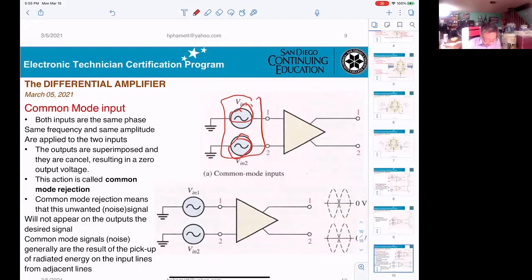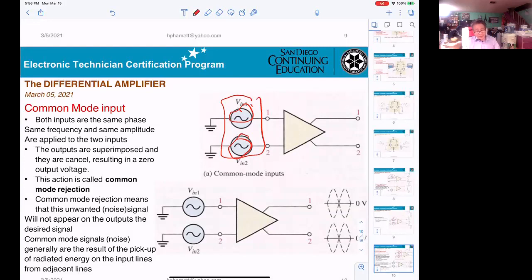Okay. This action we call common mode rejection. Common mode rejection means that the unwanted or noise signal will not appear on the output for the desired signal. Common mode signals are generally the result of the pickup of radiated energy on the input line or the adjacent line.